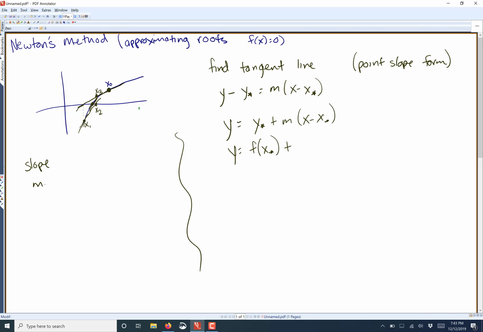So to find our slope will just be equal to the derivative of f of x at that specific guess. So we'll find the derivative at our guess point times x minus whatever our guess is. So this is the equation of the tangent line.